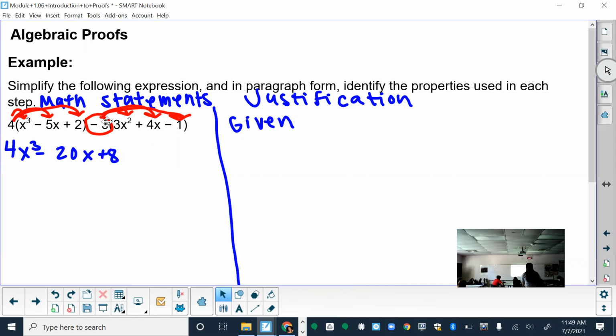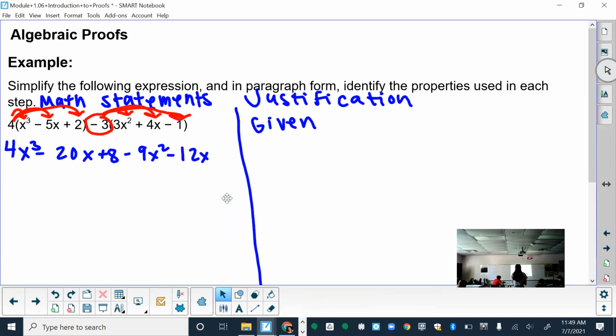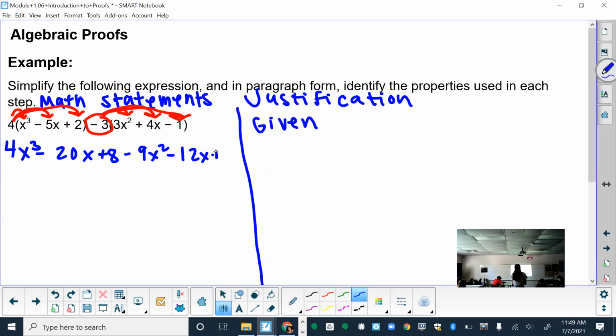Don't forget to distribute the sign in front of the 3. So negative 3 times 3x squared is negative 9x squared. Negative 3 times 4x is negative 12x, and negative 3 times negative 1 is positive 3. The sign does matter. So make sure you're distributing the sign that's directly in front of each term.